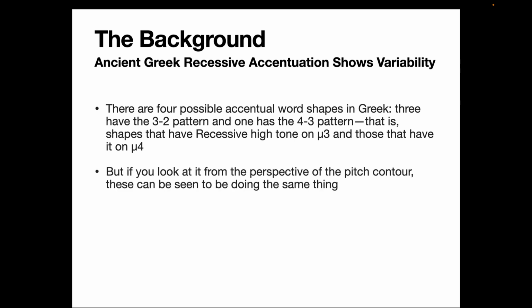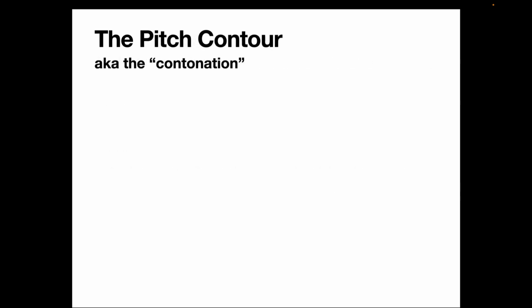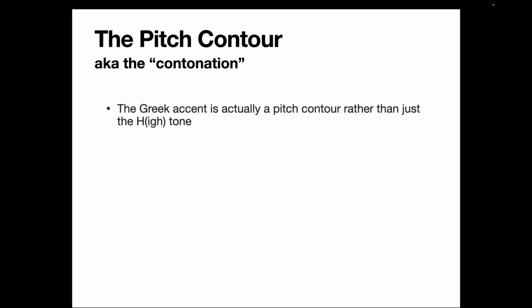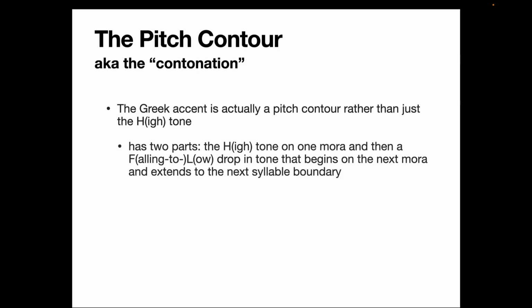But if you look at it from the perspective of the pitch contour, the whole pitch contour, these can actually be seen to be doing exactly the same thing, even though if you look at them, they look different. So the pitch contour is what the Greek accent actually is. We tend to think of it as the high tone, but the contour has two parts.